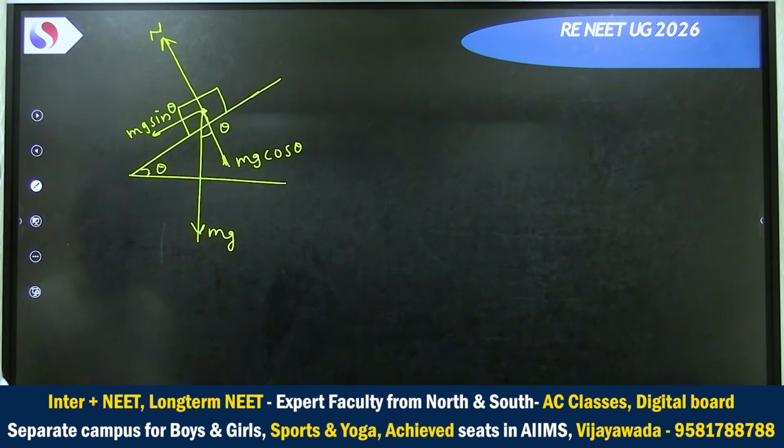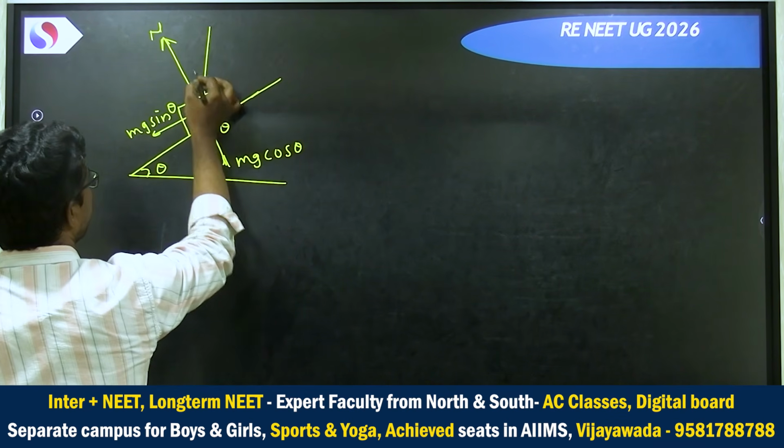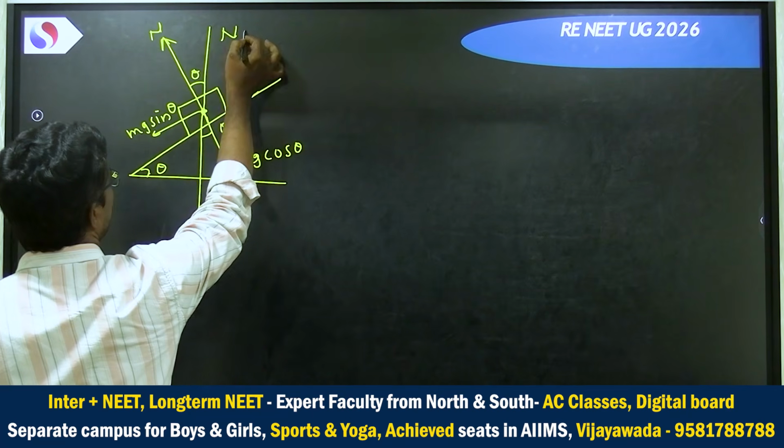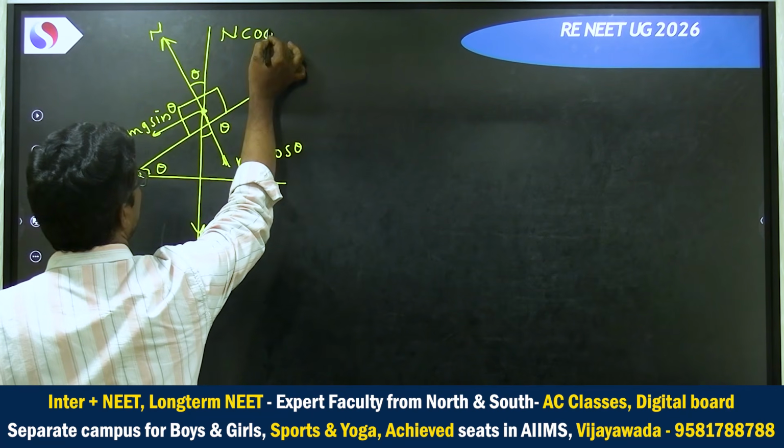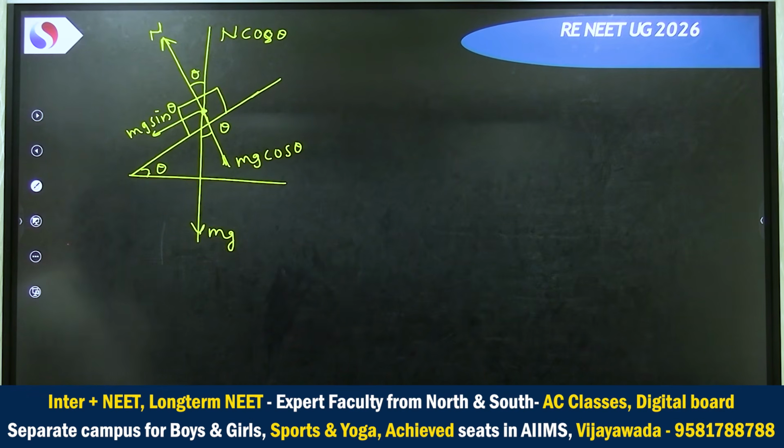The normal reaction makes an angle theta, so this one is N cos theta. N cos theta balances the weight mg, and N sin theta balances the centripetal force.